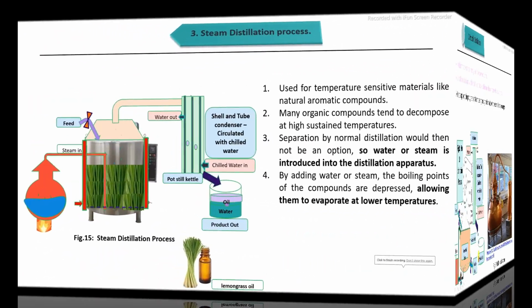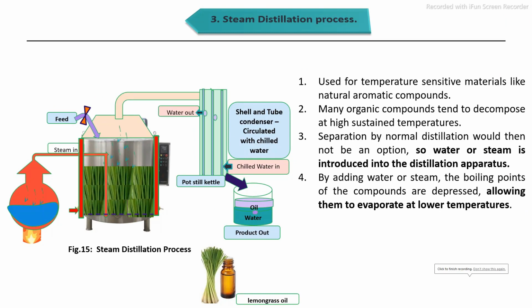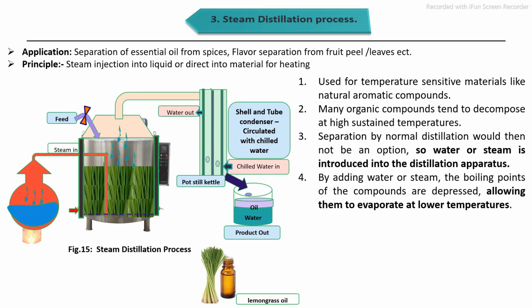In this way, the third one is the steam distillation process, in which steam is directly injected into the plant material. Steam distillation is mostly used for the extraction of essential oil from plant materials, such as stems, leaves, flowers, or spices in the food processing industry, and fruit peel containing essential oils.